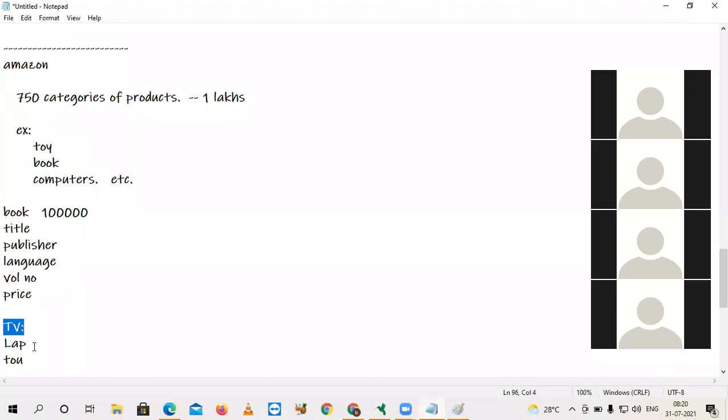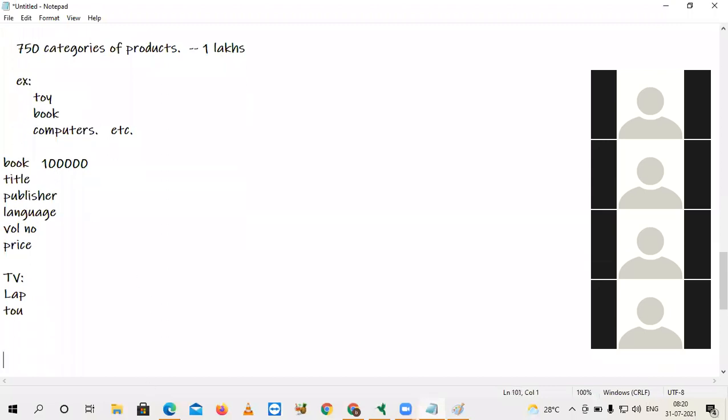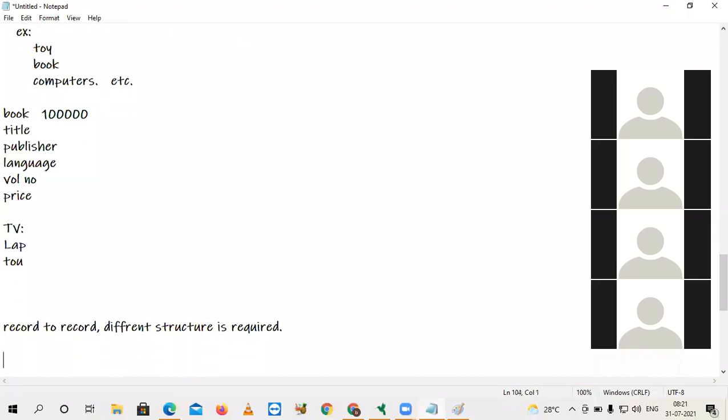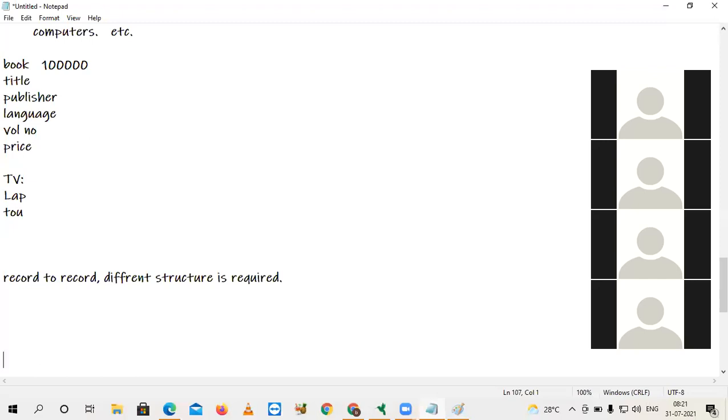If it is a TV, the attributes are those. So now I need a solution where, record to record, product to product, a different structure is required. Understood? So the solution here is NoSQL databases.